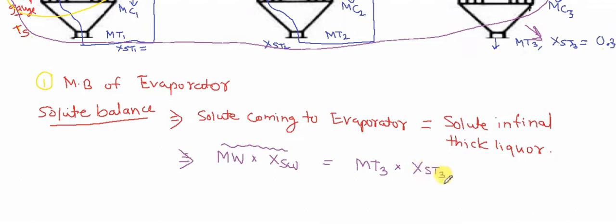Fraction of solute in the third thick liquor. MT3 means mass flow rate of the third thick liquor. MW means mass flow rate of weak liquor to the first evaporator. And XSW means fraction of solute in weak liquor.